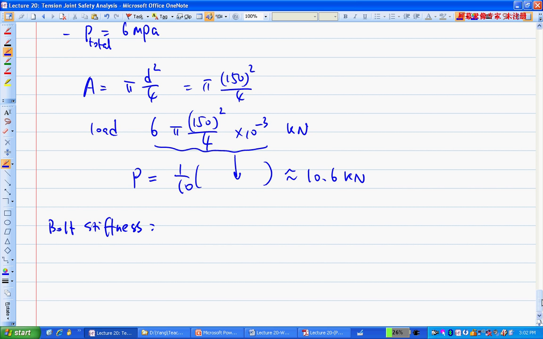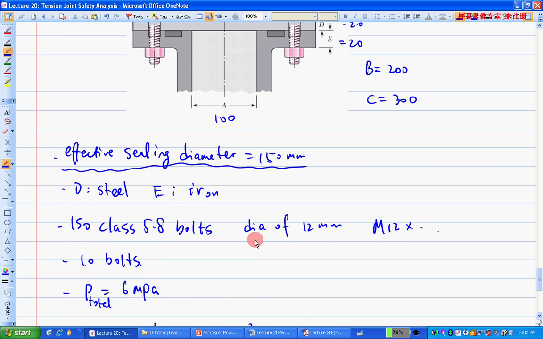Remember in the previous lecture, when we calculated bolt stiffness, we had to calculate the threaded portion and the unthreaded portion inside the member, by going over table A-7. Table A-7 is for calculating the bolt stiffness. I'm not going to go over that section now. The key information is the diameter, the d here.